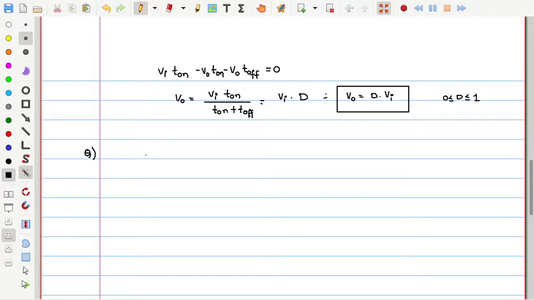Here let us consider a DC-DC buck converter that has the following values: input voltage is equal to 50 volts, inductor L is equal to 400 microhenry, capacitor C is equal to 100 microfarad, and switching frequency is 20 kilohertz.